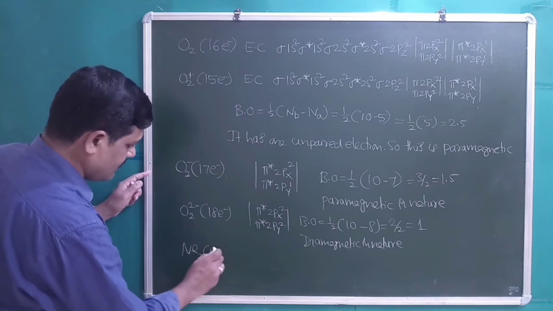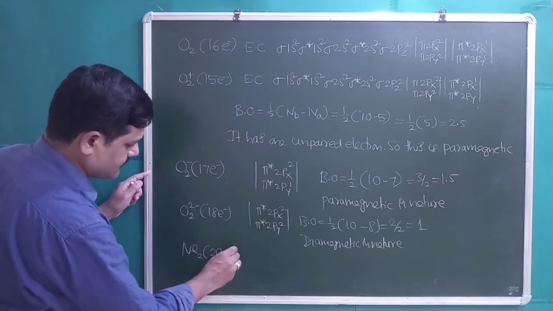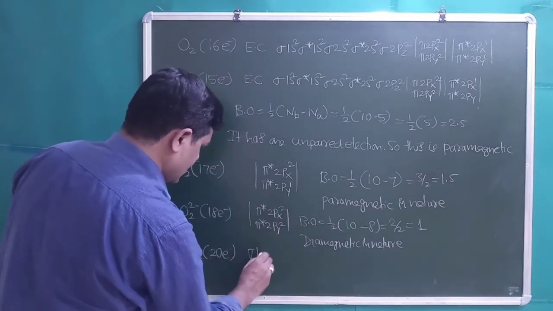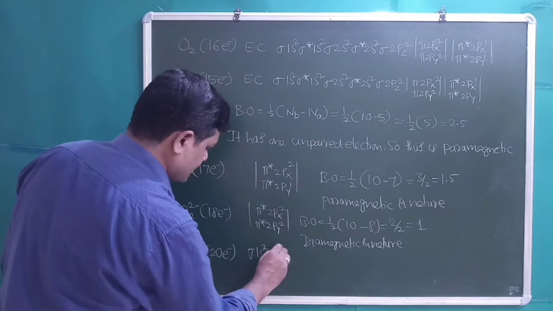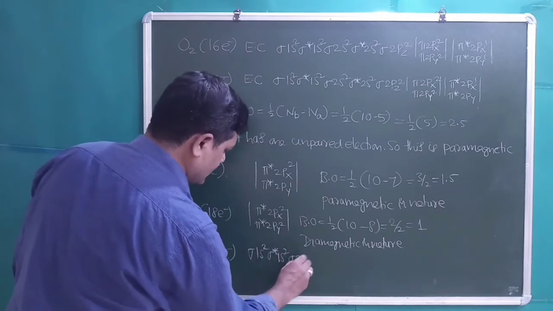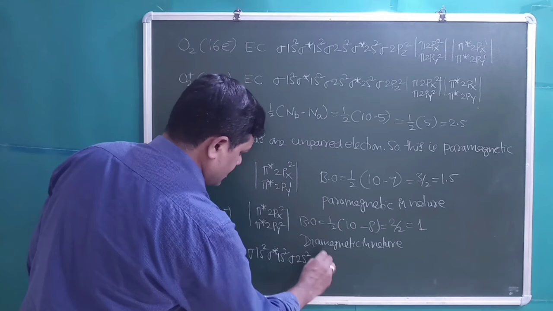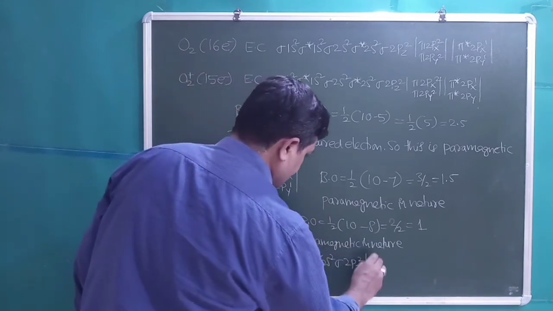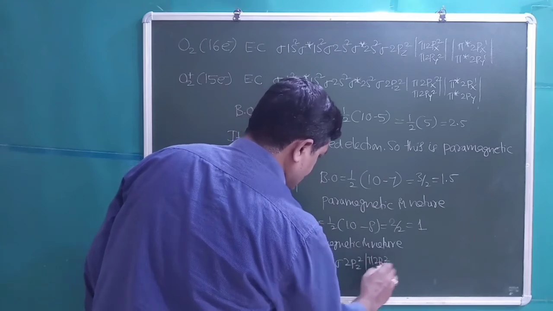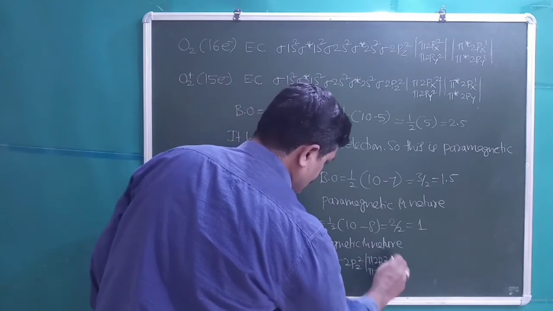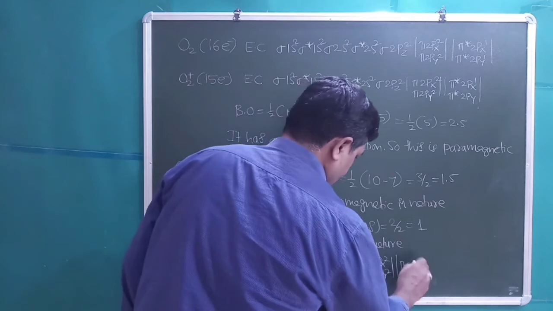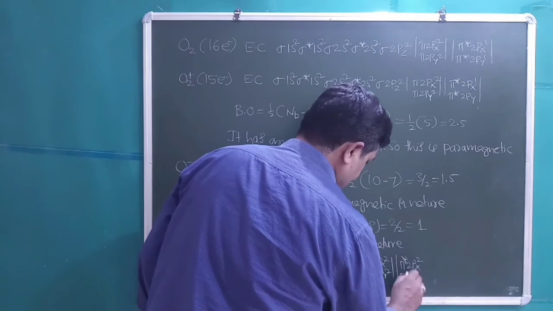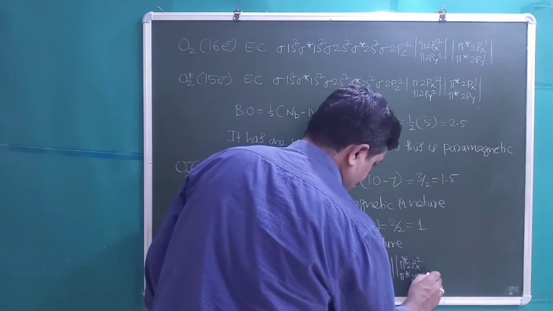Ne2, which has 20 electrons, we can write the electronic configuration as sigma 1s2, sigma star 1s2, sigma 2s2, sigma star 2s2, sigma 2pz2, pi 2px2, pi 2py2, pi star 2px2, pi star 2py2.